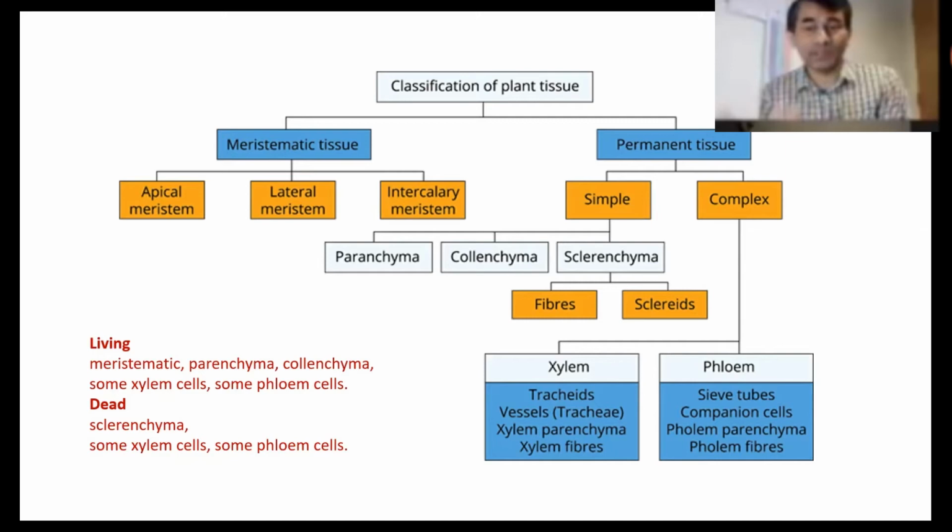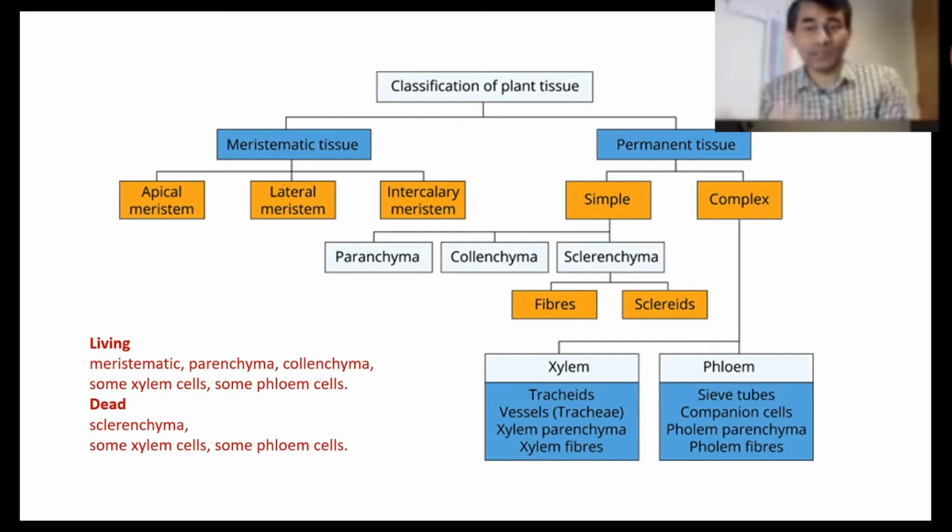Now, two divisions of complex permanent tissue are xylem and phloem. These are the complex permanent tissues. Xylem has 4 more types of cells in it, and phloem has 5 more types of cells in it. We'll look into that in a little while. Plant tissues can also be divided into living and dead tissues.